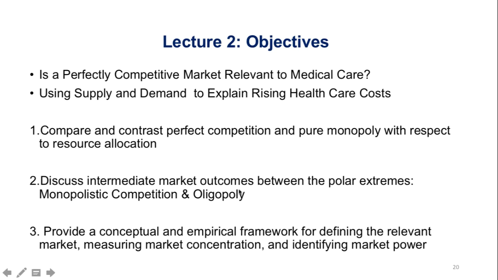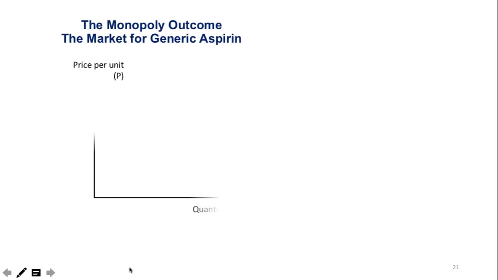Then we talk about intermediate market outcomes, such as monopolistic competition and oligopoly. And then we talk about a conceptual and empirical framework for defining the relevant market and measuring market concentration.